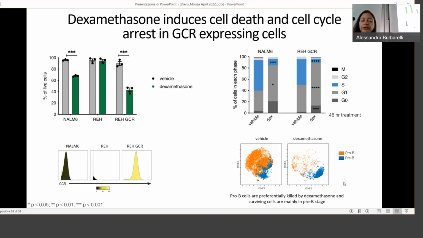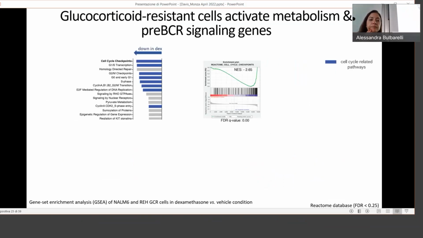And what we found, though, is that it's actually the pro-B cells that were preferentially killed compared to the pre-B cells in both cell lines after glucocorticoid treatment. So again, integrating some gene expression analysis, we took those surviving cells from these cell lines and did RNA sequencing.